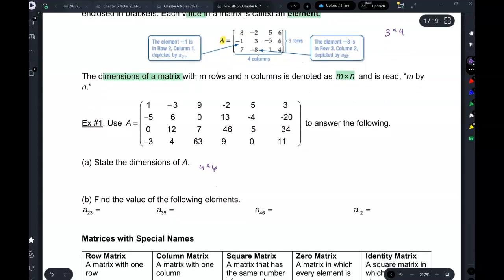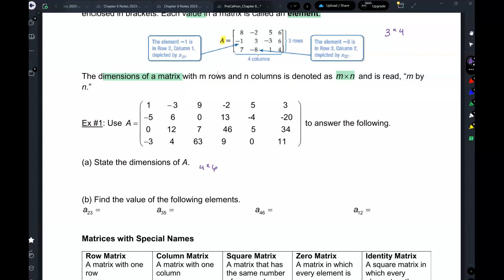Now, each of the elements inside also has a location, a place. If this matrix is capital A, each of the elements inside gets a little a, and then you give it its position. Imagine instead of calling her Olivia, I call her F11, and then you would be F12, and then F21.